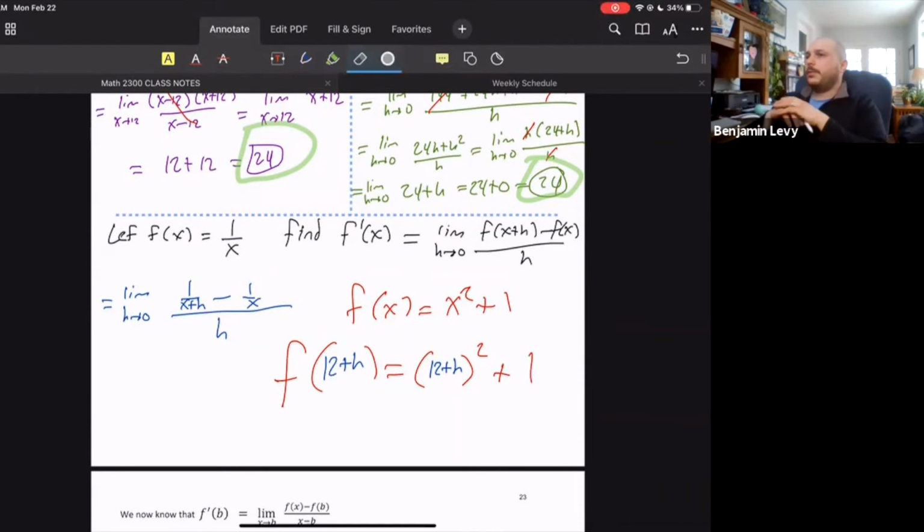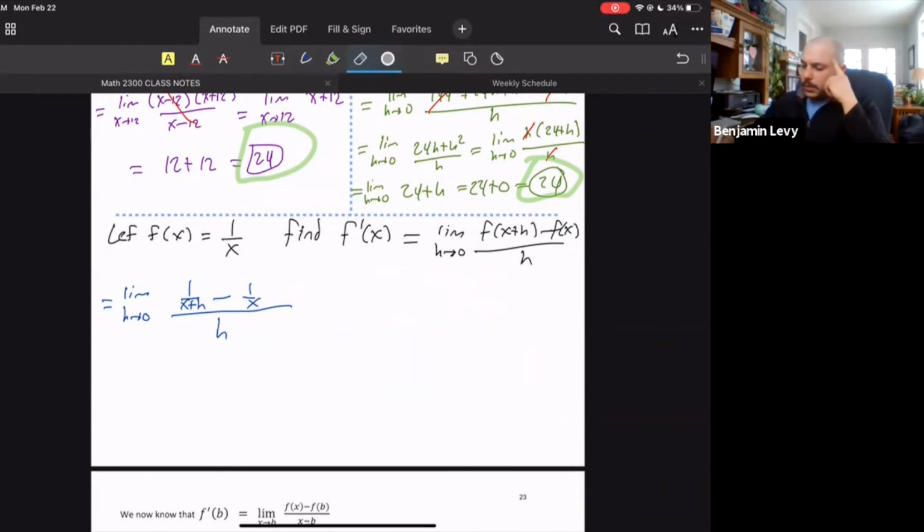Other thoughts about that before I erase it and we keep going with the current one? So this equals 0 over 0 currently, just to be clear. It's always going to be indeterminate at this stage.